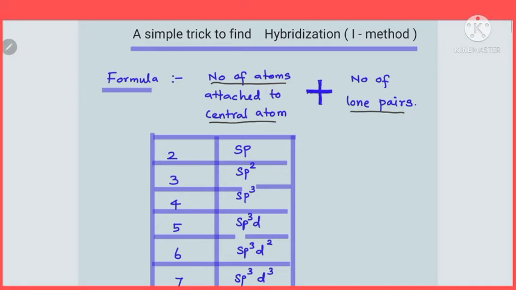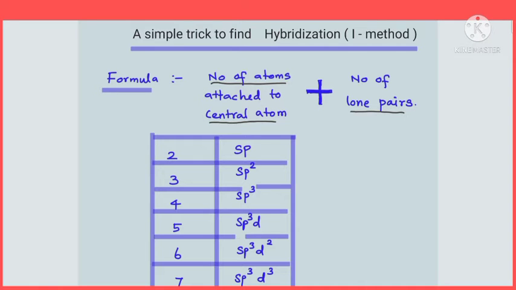To find out the nature of hybridization, first you should know what the central atom in the molecule is. Then we have to see how many atoms are attached to that central atom. That is the first term. Plus the lone pairs: you should know how many lone pairs of electrons are around the central atom.